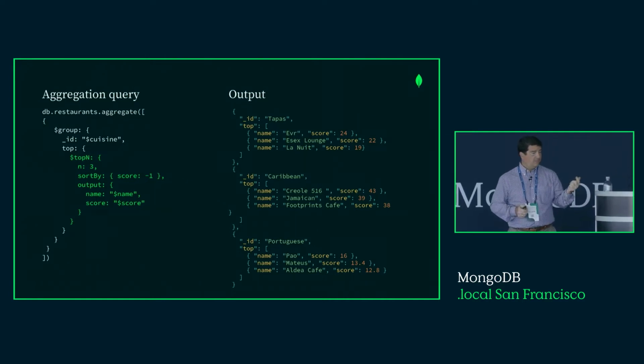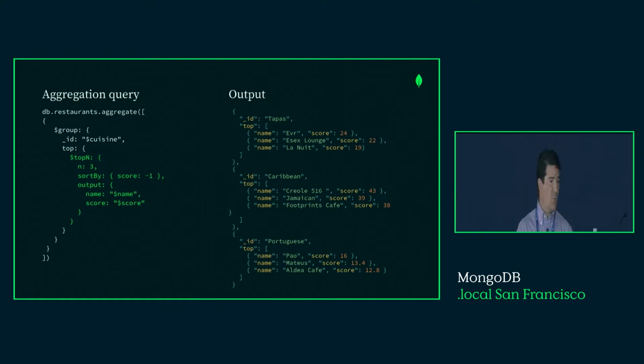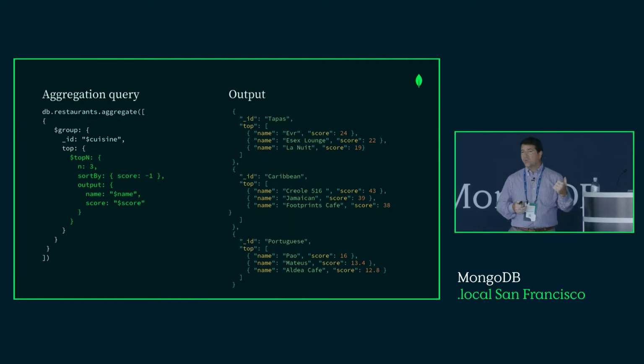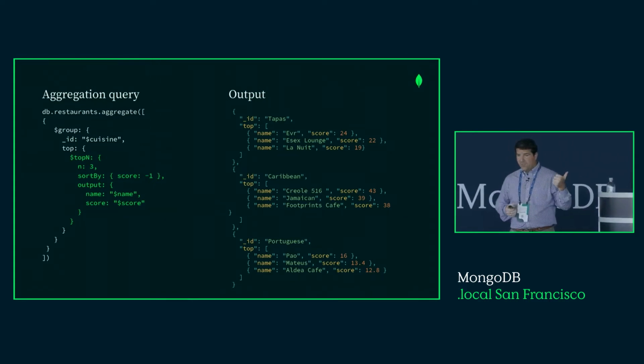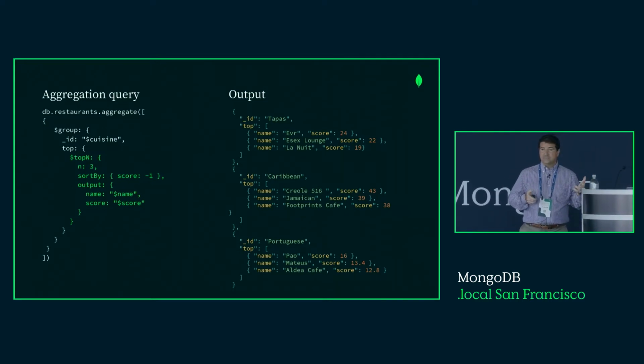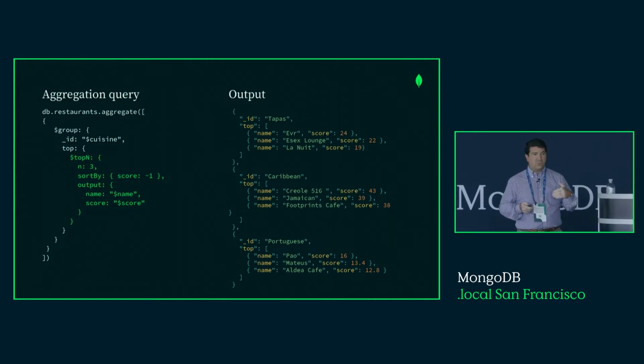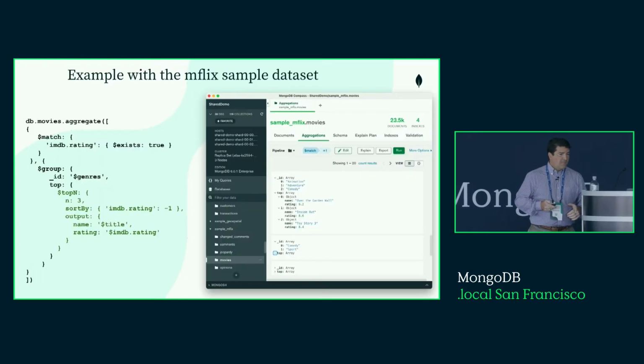That's 3. Then I sort, in this case in descending order, because I want the top several to come up first. And then, what's my output going to look like? It's very simple syntax, very easy to work with, and that gives me the top 3 score choices in each cuisine category.